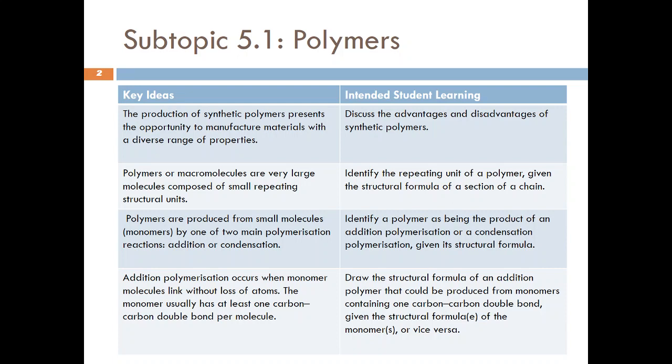Identify a polymer as being the product of an addition polymerization or condensation polymerization given structure formula. You've already seen one yesterday in front of you. Draw the structural formula of an addition polymer that could be produced from monomers containing one carbon-carbon double bond, or given the structural formulae of the monomers, vice versa.